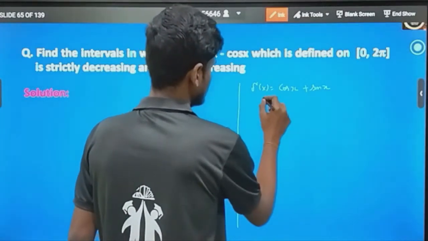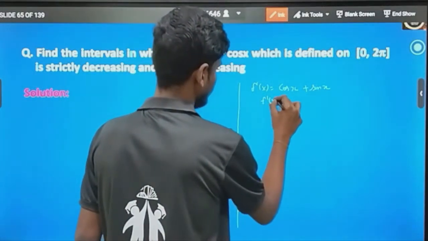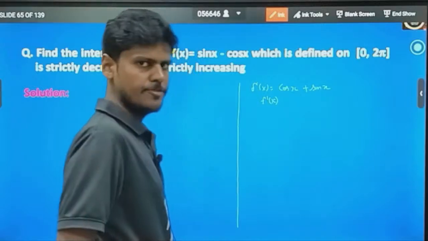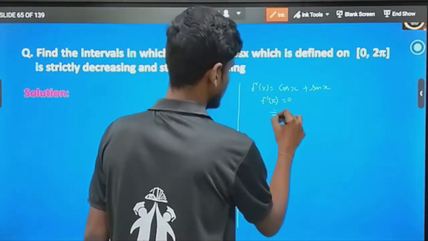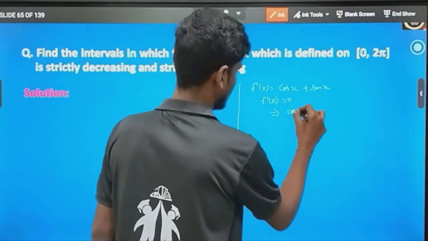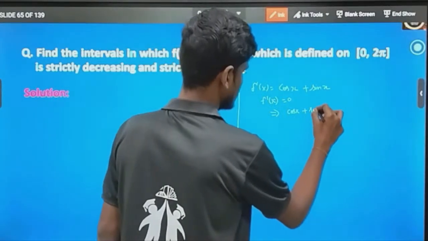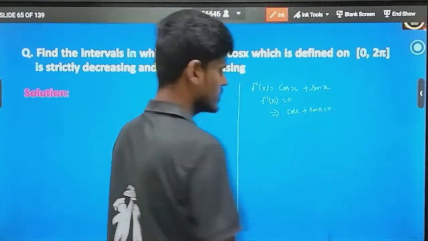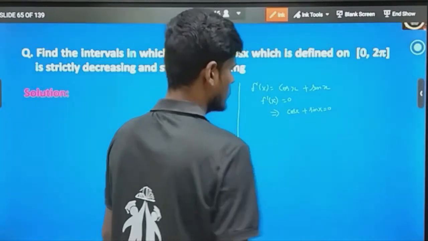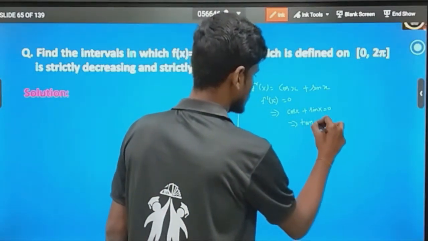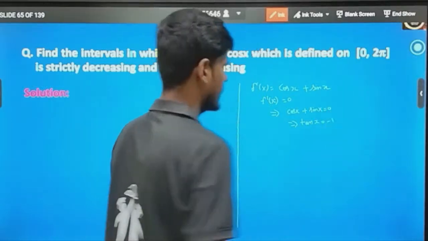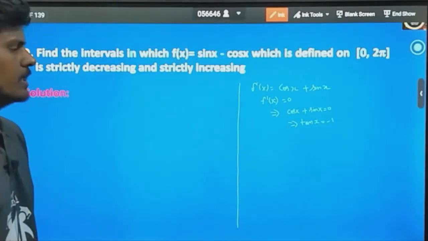Next, when f dash of x is equal to 0, that means cos x plus sin x will be equal to 0, or cos x is equal to minus sin x, which means tan x will be equal to minus 1.